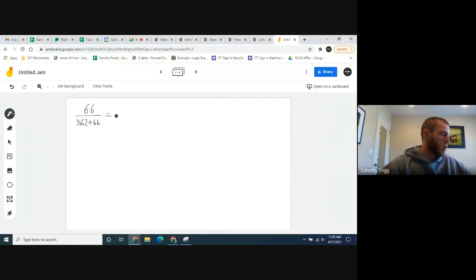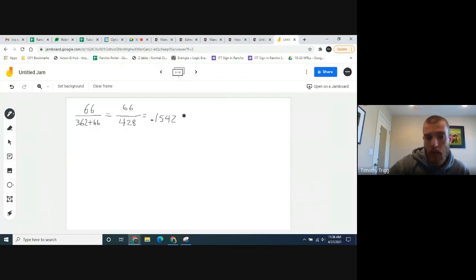So what does this proportion come out to? It will be 66 over 362 plus 66, 428. And then we want to do 66 divided by 428. And that gives us 0.1542 about. So about 15%.